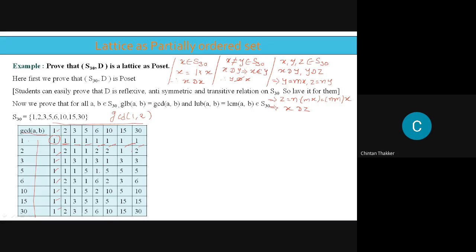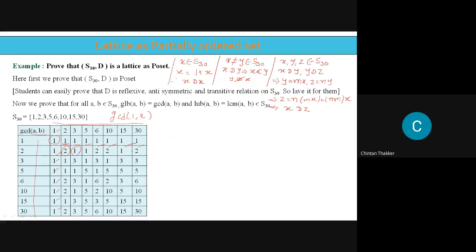Now, the GCD of 2 comma 2 is 2. What about the GCD of 2 comma 3? The GCD of 2 comma 3 is 1.